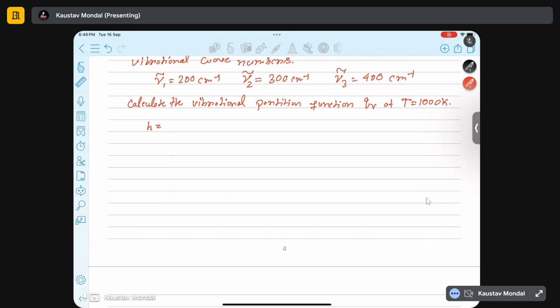H is 6.623 into 10 to the power minus 34 joule second. K is the Boltzmann constant, that is 1.38 into 10 to the power minus 23 joule per Kelvin. And the speed of light is 3.0 into 10 to the power 10 centimeter per second.